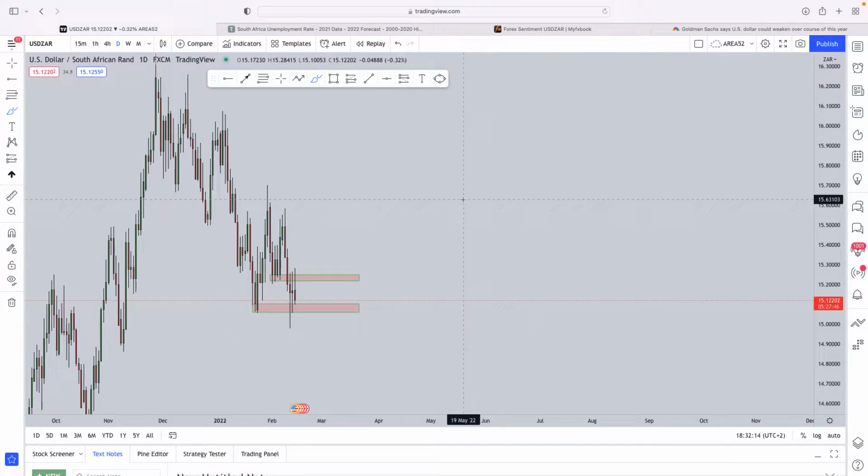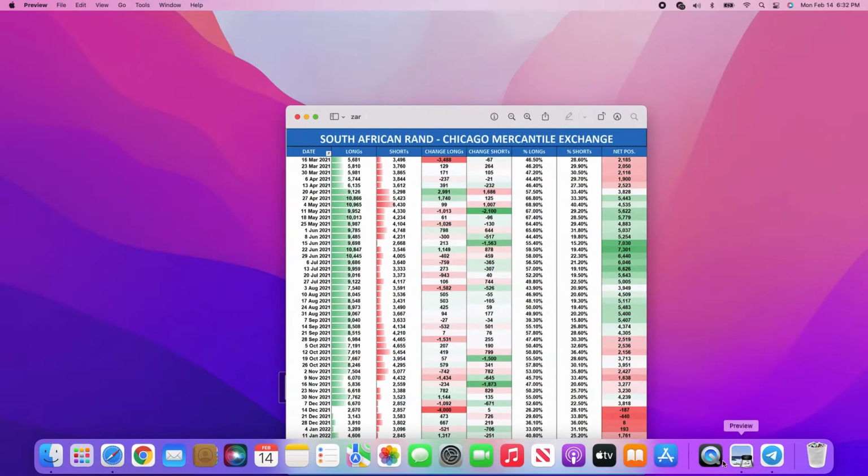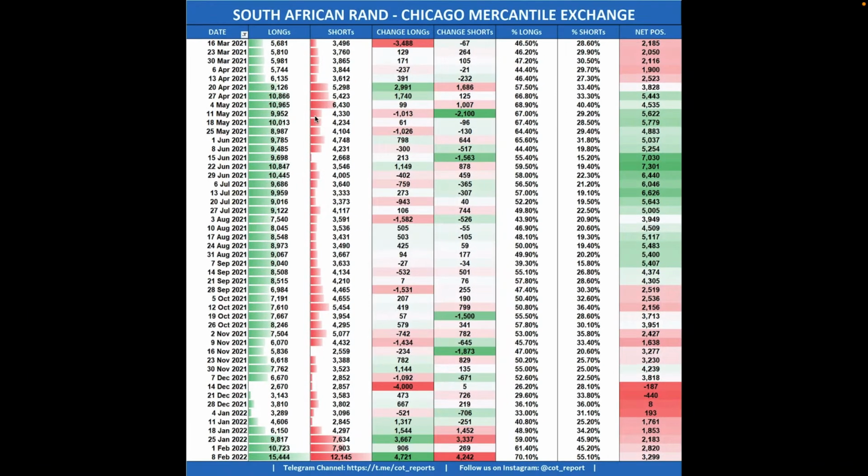Now, if we go and look at the sentiment data, the order flow data, so the Commitment of Traders. This tells us what the big banks, hedge funds, and institutions are doing in the market. If you look at last week's data for the ZAR, we can see based off last week's report how hedge funds came in and added 4,727 longs.